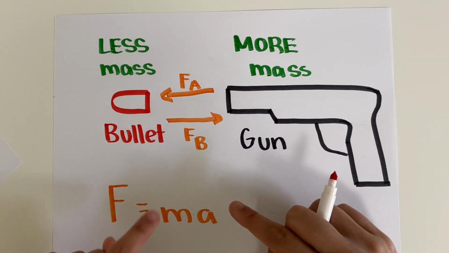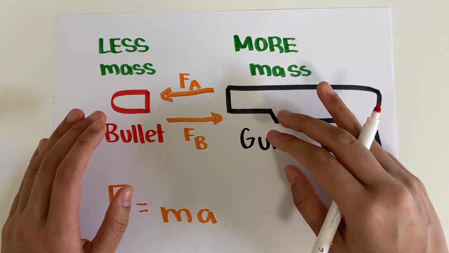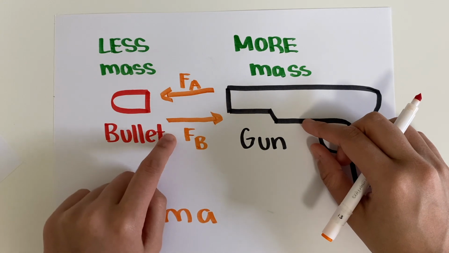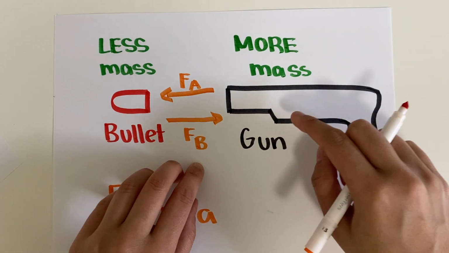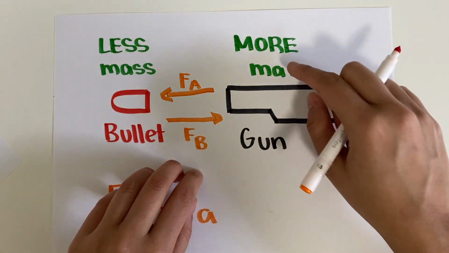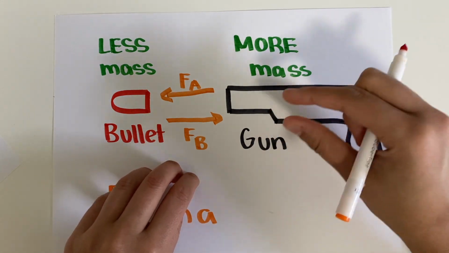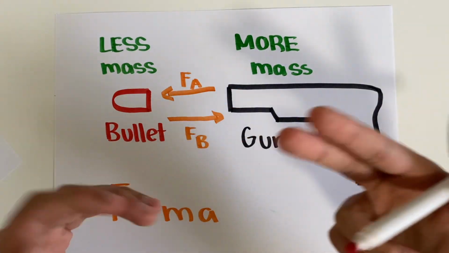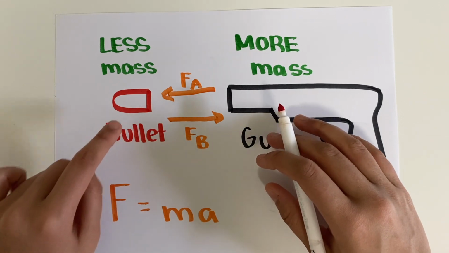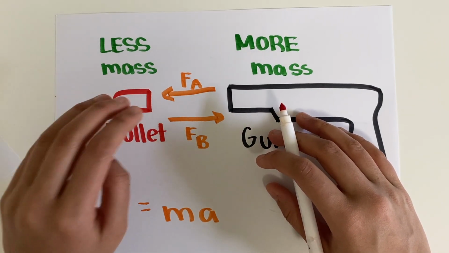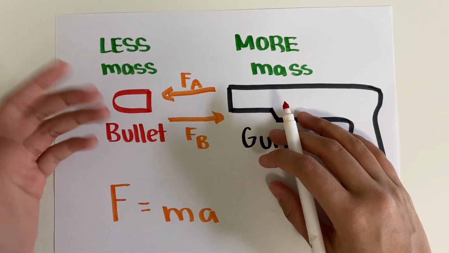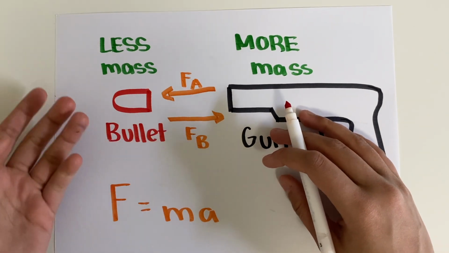Acceleration increases, mass decreases. So in terms of the gun, if we have Fb exerting onto the gun and it has a larger mass, it's going to have a smaller acceleration. So it's going to move back less than the bullet because the bullet has a smaller mass. So it's going to have a larger acceleration since Fa and Fb are equal.